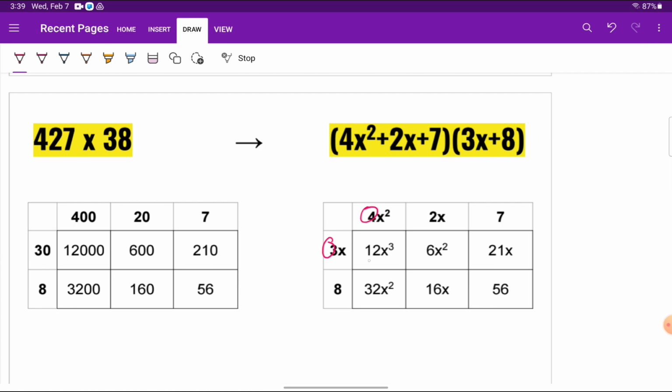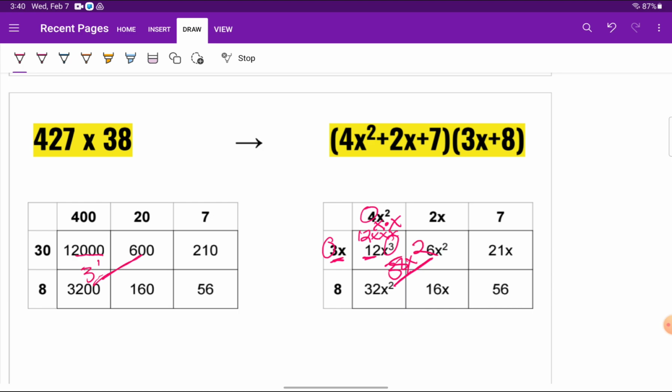3 times 4 is 12. There's an x here, and this is x times x, so we end up with 12 times x times x times x, which we can shorthand as x cubed. Again, my like terms line up if I've written these in standard form. So 6 and 32 is 38x squared.